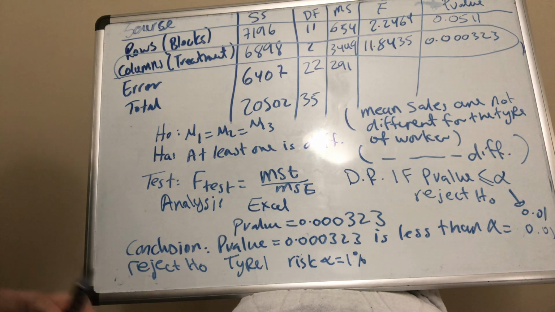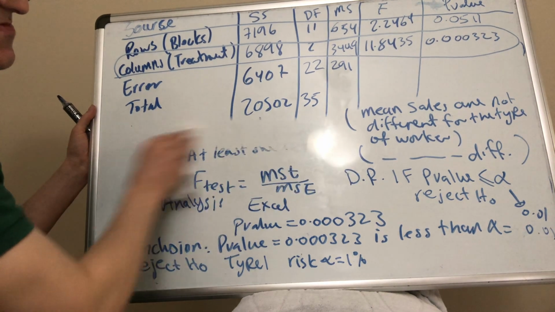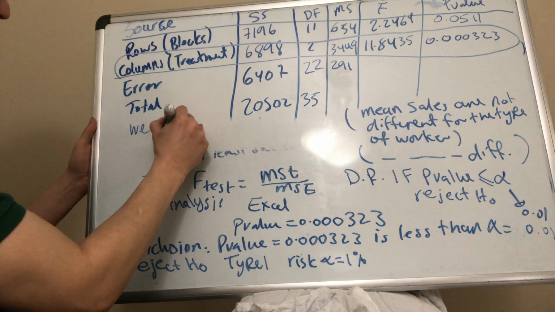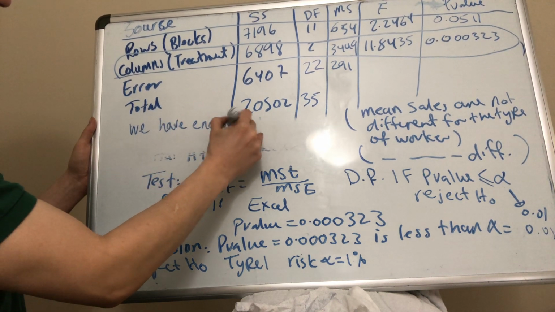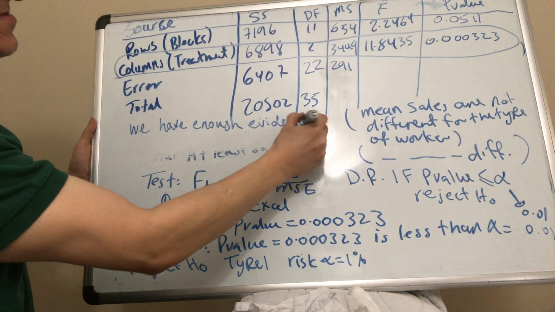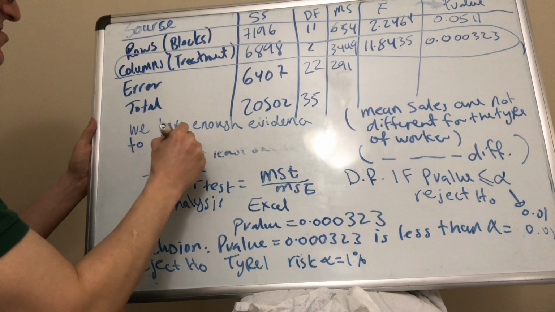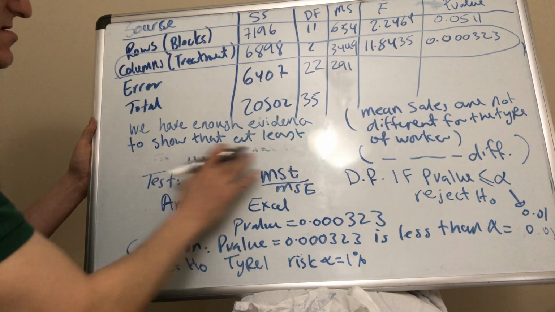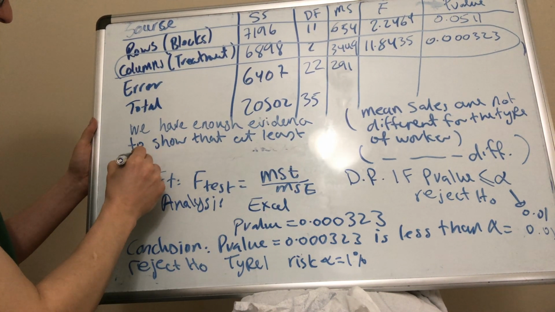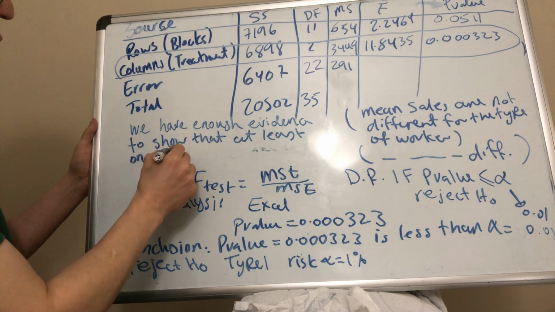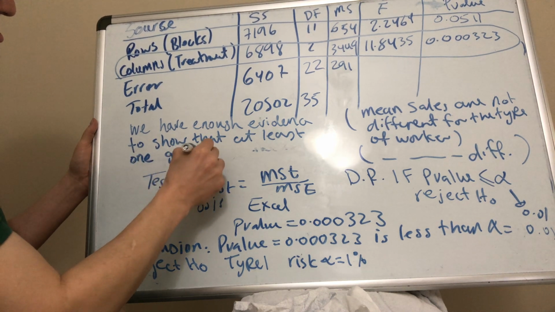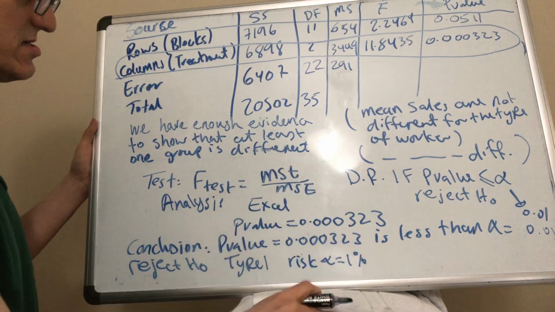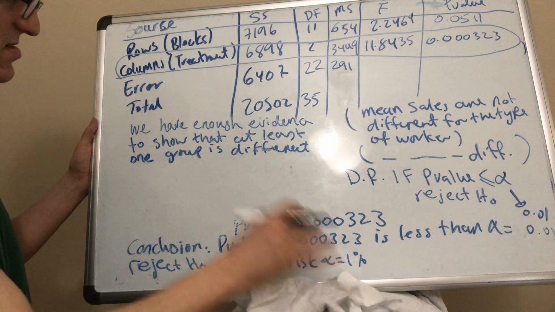So in English, we have enough evidence to show that at least one group is different in mean of sales.